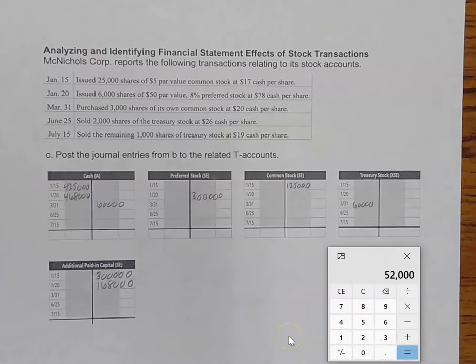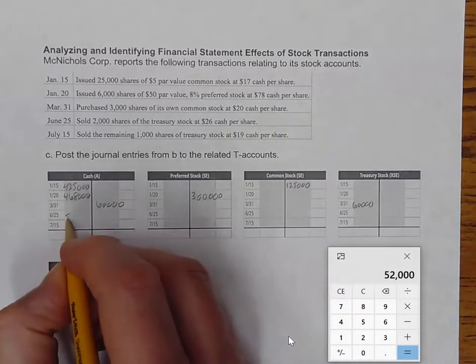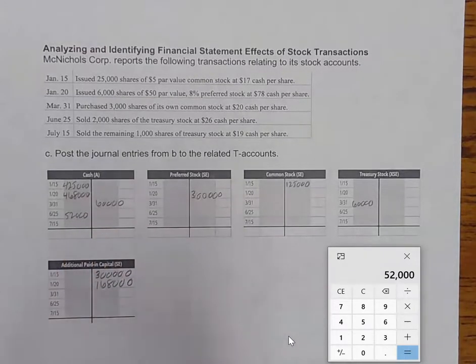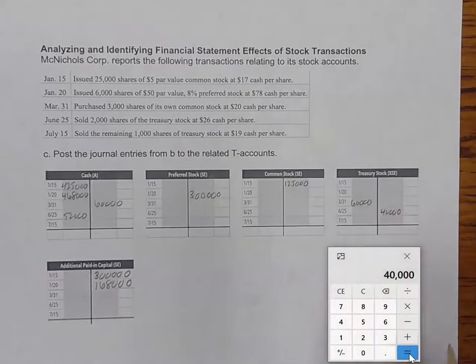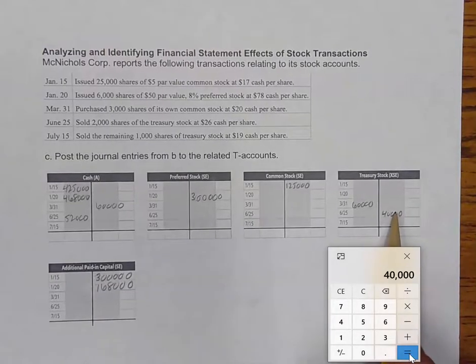So this is an increase to cash for $52,000. Now we're also going to take that 2,000 to reduce the treasury stock balance, and we're going to multiply that not by 26, but by 20. And that gives us 40,000. So we got our $40,000 reduction, and we got $52,000 cash.